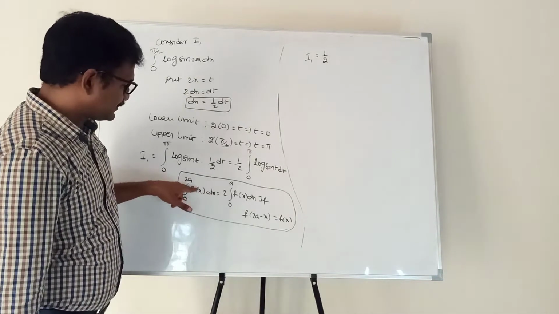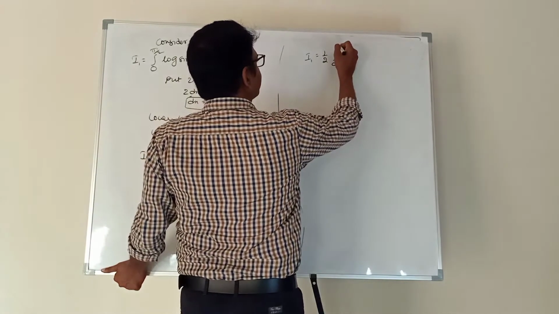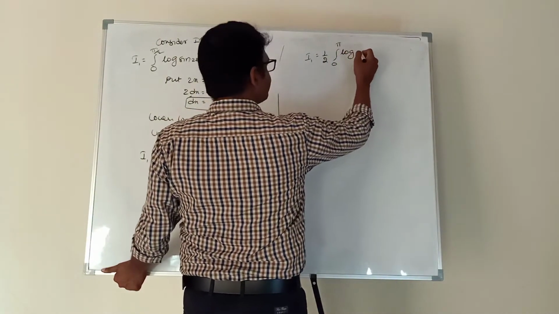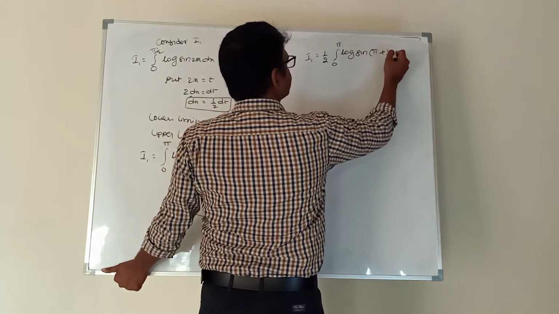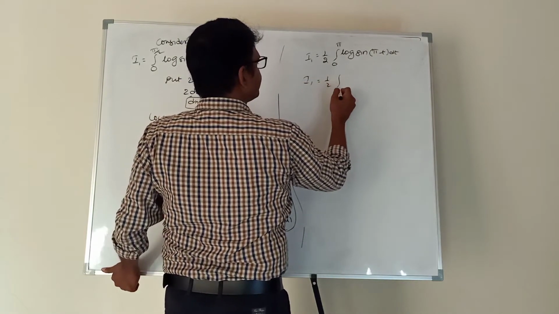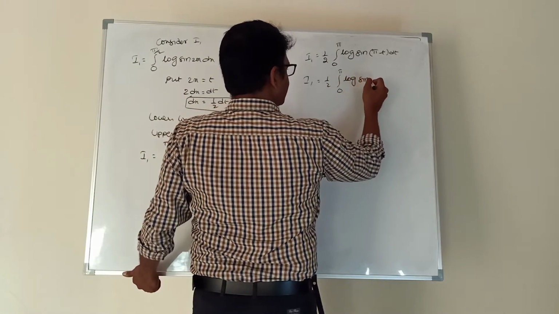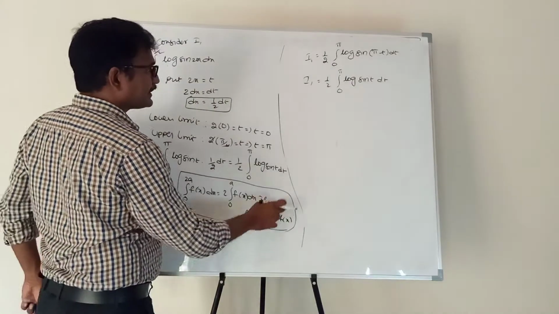If you replace sin t with sin of pi minus t, then what do we get? 1 by 2 into integral 0 to pi of log sin of pi minus t, which is again sin t.